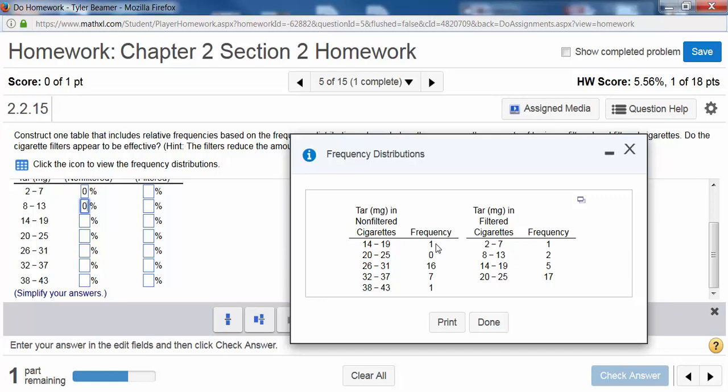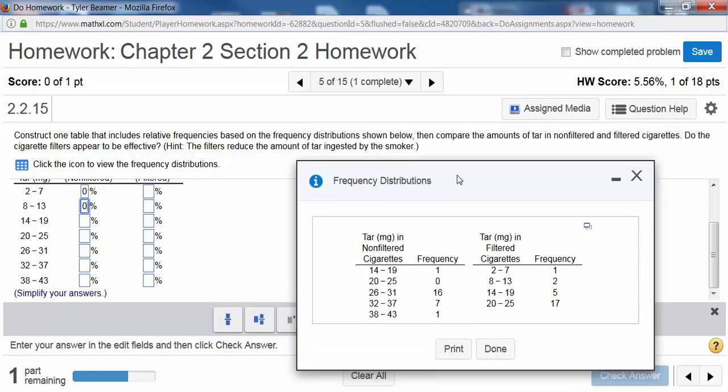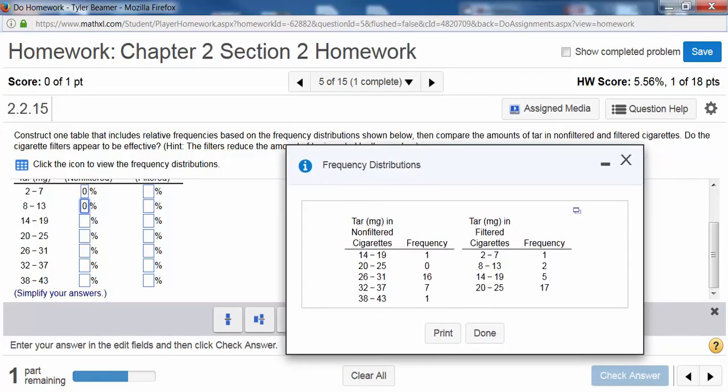So if I sum up all of the data points for non-filtered cigarettes, essentially adding up all of these numbers here, I get 25. So basically I've got 25 data points. So that should be the denominator.